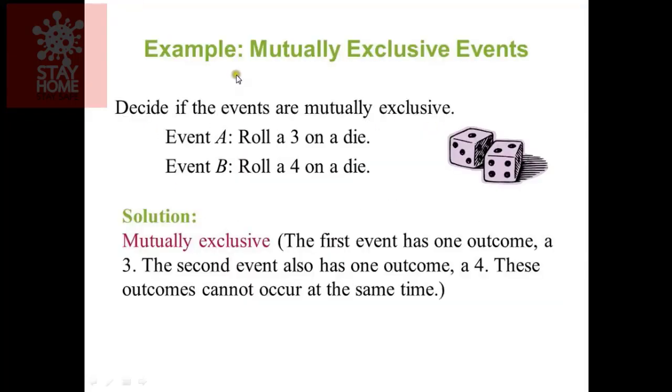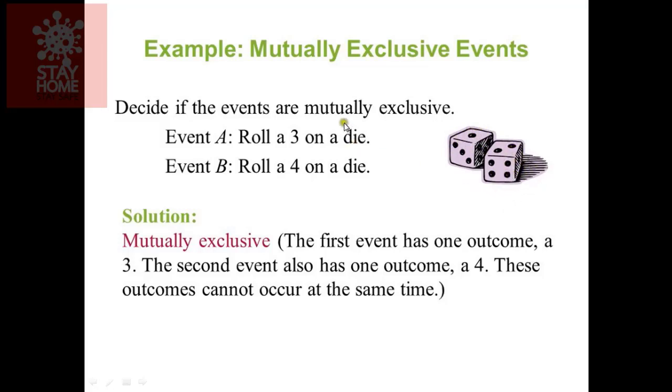You can see the next example, about dice. The events of the dice are mutually exclusive. Event A, roll a 3 on a die. Event B, roll a 4 on the die. We have two dice, and any number on the first die does not affect the number on the other die.